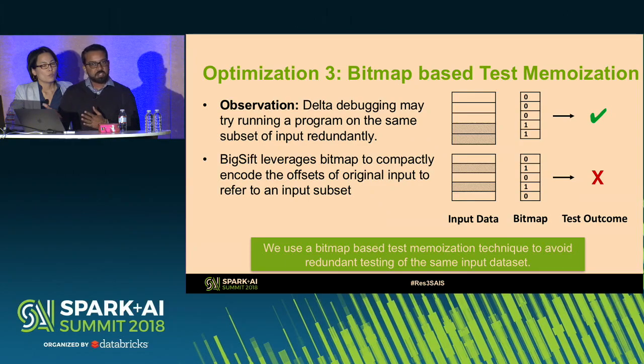What we do is encode the input subset that we try to test in a bitmap. Here we are not actually reading the data to generate this bitmap. We're only using the subset of the offsets of the input data to generate the bitmap. This helps us figure out whether a subset of the data has already been tested or not.